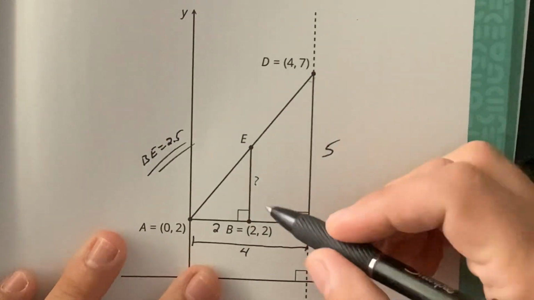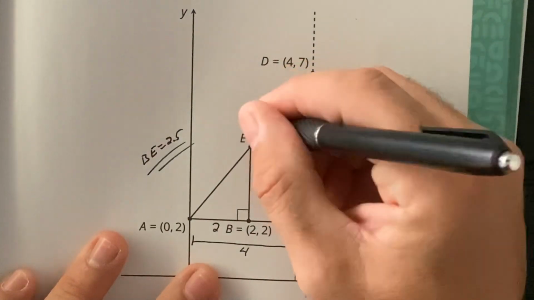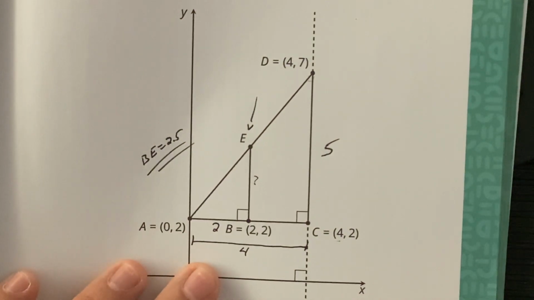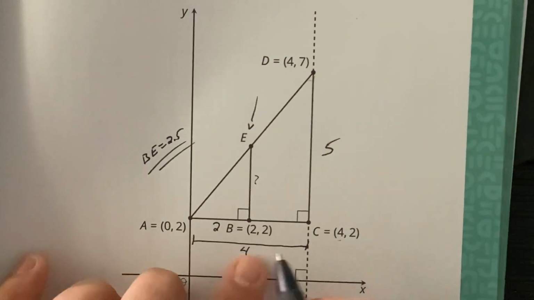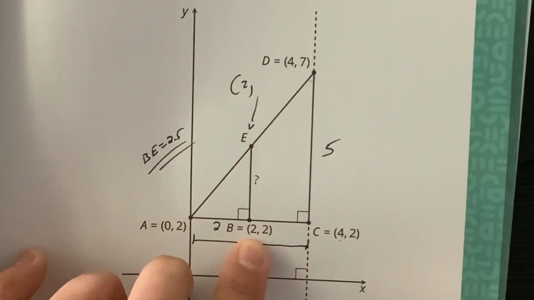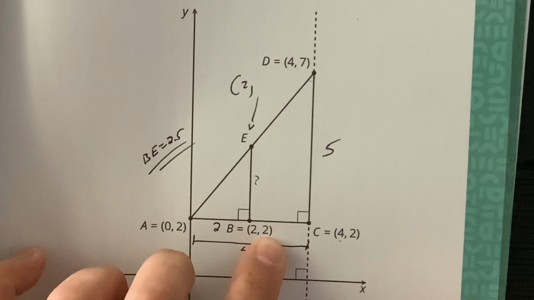So knowing that it's 2.5, I should be able to give the coordinates of E then. It's not going left and right at all, so the x coordinate is still 2, just like this one is. It's right above it. What's the new y coordinate?